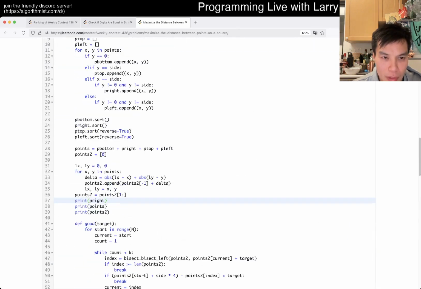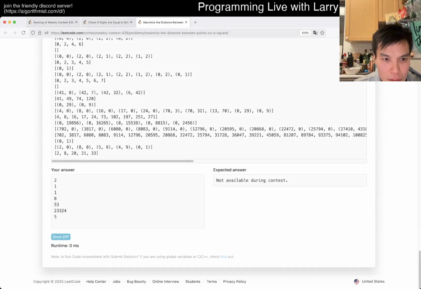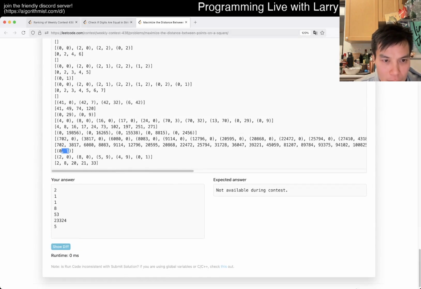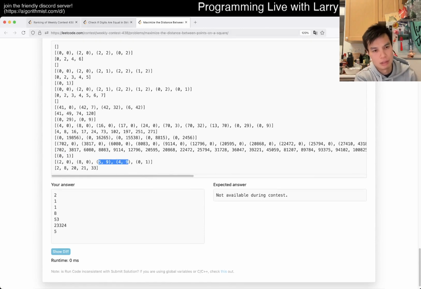Did I do something wrong? Top left. Left is 0, 1, so this is the top. Okay, so top. No, that's the right side. Okay, which is actually, oh, because now we have to connect it because we wrapped around, so the Manhattan distance is no longer true.